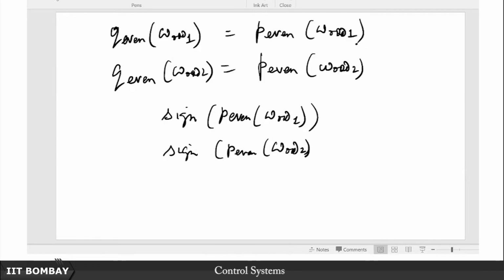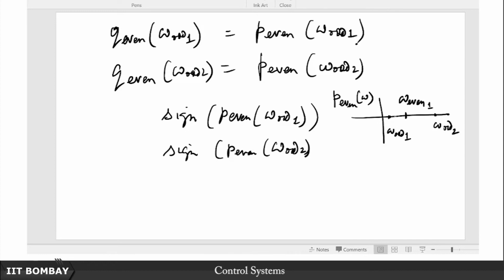If you have a function which has a root here, maybe the ω even 1, and on two sides of it you have ω odd 2 and ω odd 1. So think of the plot of P even ω.